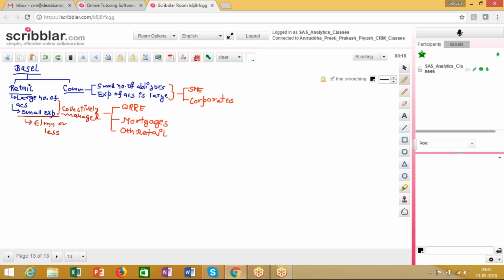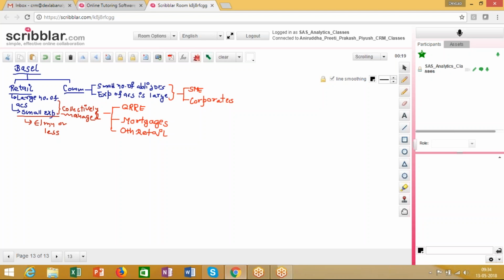However, even though the number of obligors is small relative to the retail portfolio, the exposure per account is actually very high, right? Because when I take a loan from a bank, I'll take it around 5 lakhs, 10 lakhs, 20 lakhs. But when a commercial person takes a loan, they take loans in crores, right? Crores or hundreds of crores.